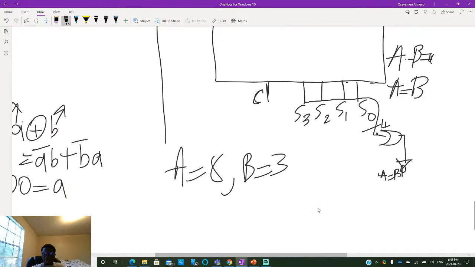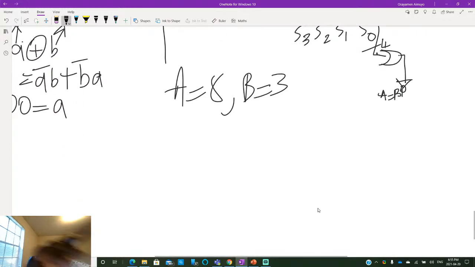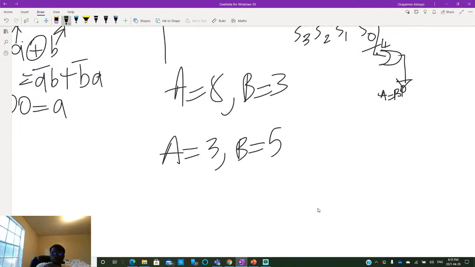So let's try a different case. Let's get a negative number and see what happens. Using two's complement again, let's say A equals 3, B equals 5.